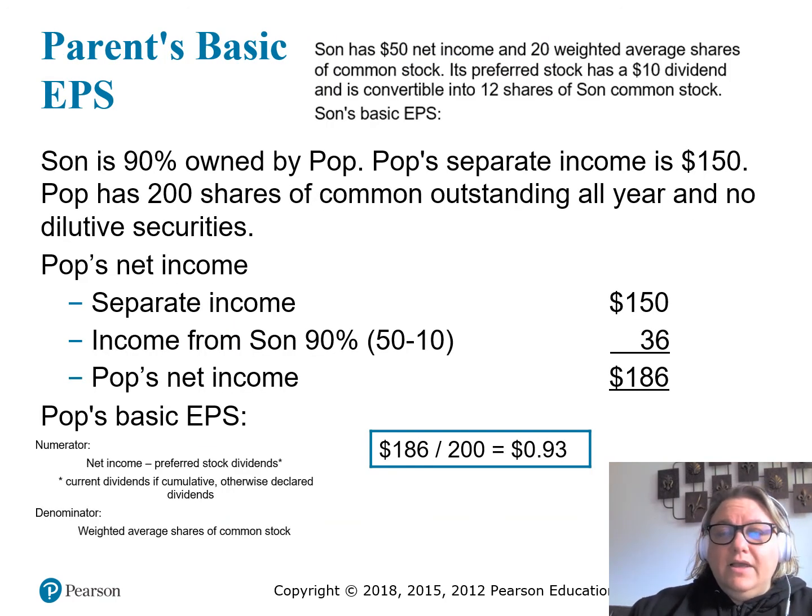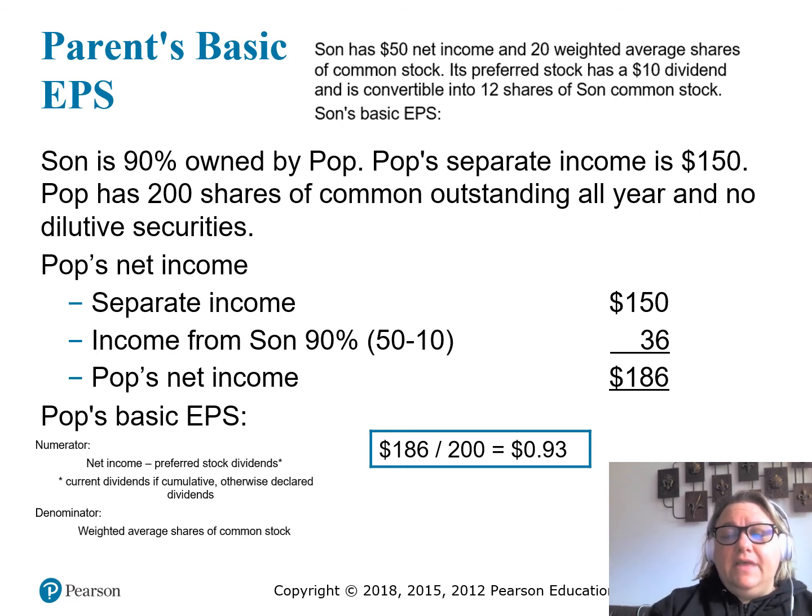Okay, so let's go back and look at this calculation for the parent's basic earnings per share. So we have Son owned 90% by Pop. Separate income is 150. Pop has 200 shares of common outstanding all year and no dilutive securities. So let's look at the separate income for Pop. It was 150.